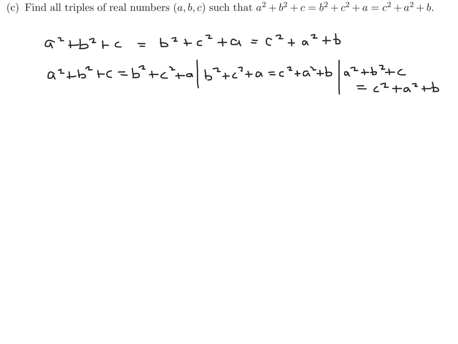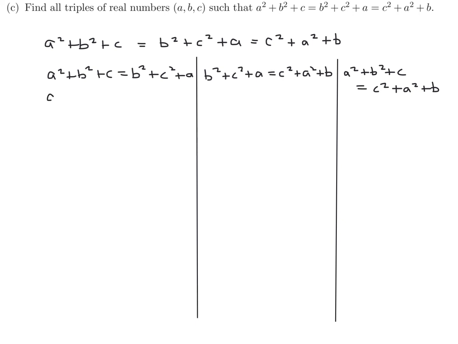All right, so let's move forward with this. So the first one, okay, so the b squareds cancel on both sides, and all you're left with is just a squared minus c squared, and on this side, a minus c. Factor again: a minus c, a plus c, and that's equal to a minus c.